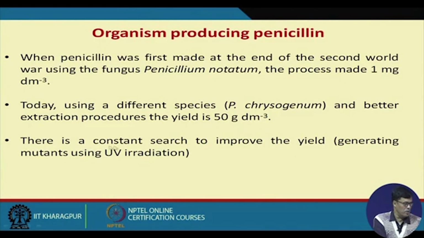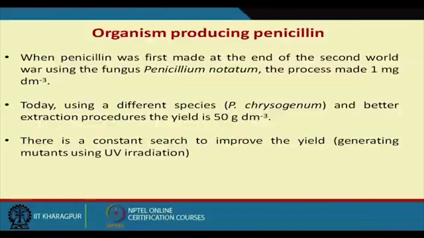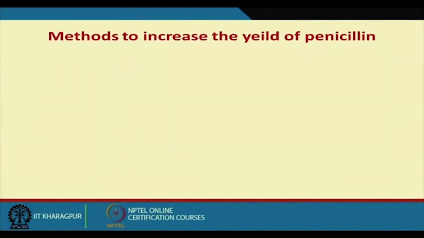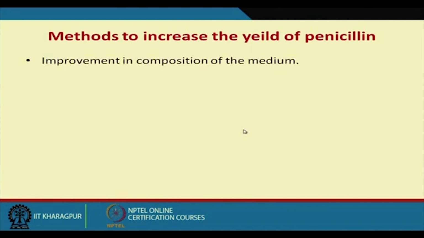There is a constant surge to improve the yield, generating mutants using UV radiation. Not only UV radiation, we also carry out different kinds of genetic modification in the system. Improving the composition of the media can also increase the penicillin yield.